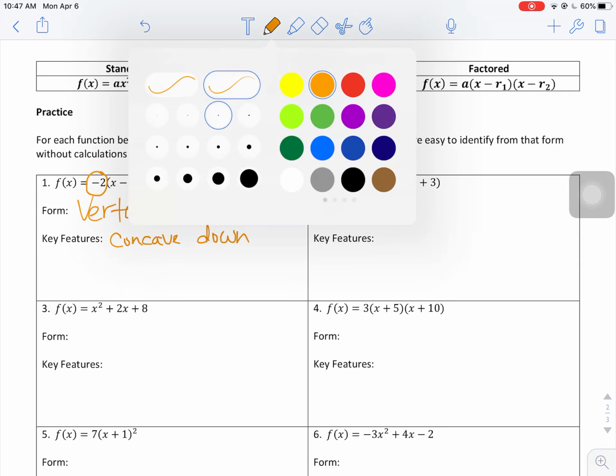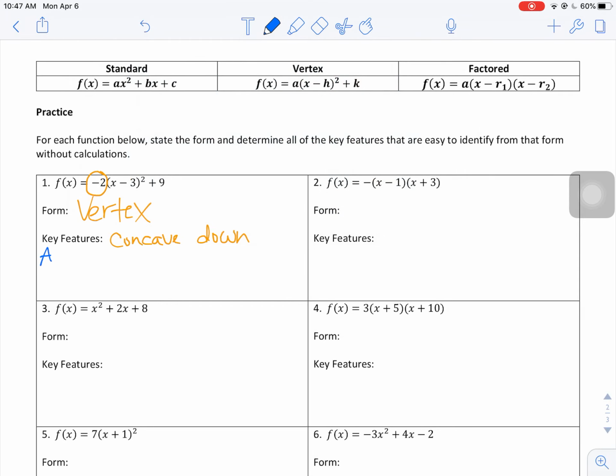I can get my axis of symmetry. I'm going to be lazy and say A of S for axis of symmetry, and that's going to be x equals whatever the H value is, or whatever the x coordinate of the vertex is. So that would be the opposite of the number inside the parentheses. So x equals 3.